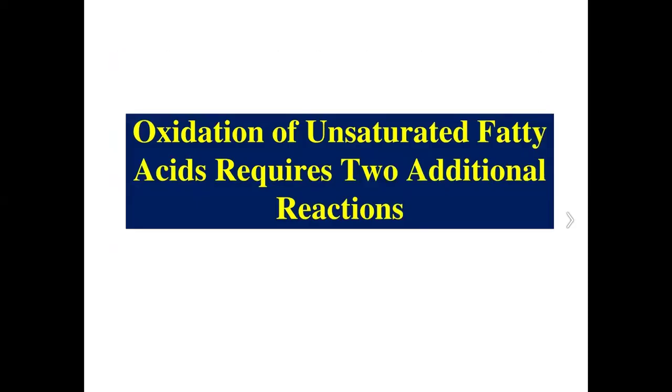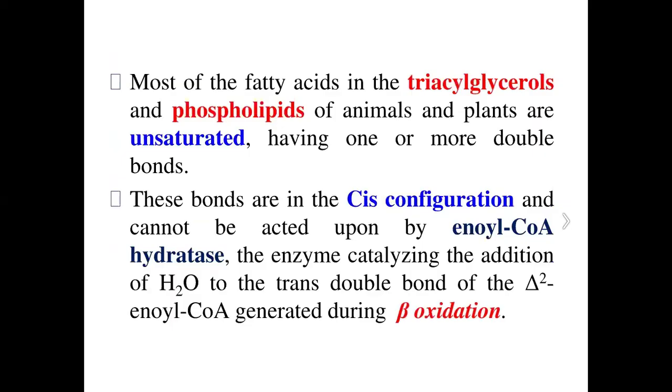So now let's look at oxidation of unsaturated fatty acids, which requires two additional enzymes or reactions. Most of the fatty acids in triacylglycerol and phospholipids of animals and plants are unsaturated, having one or more double bonds. These bonds are in the cis configuration and cannot be acted upon by enoyl-CoA hydratase because they are in cis configuration.